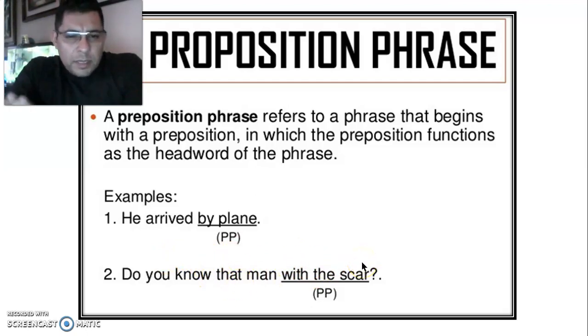I'm not going to explain that at this moment. Then we have man, which is a noun, and we have the scar, which is a noun preceded by the determiner. This is a noun phrase, but this noun phrase is preceded by the preposition with. So therefore, this is a prepositional phrase.